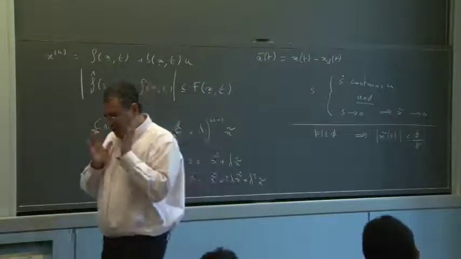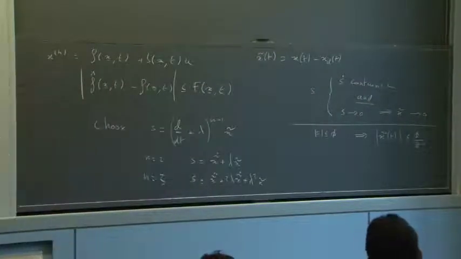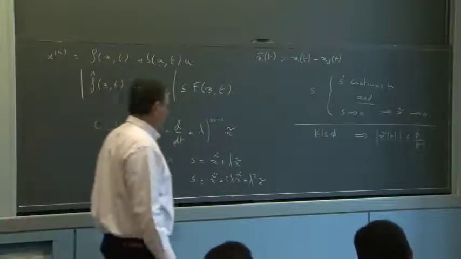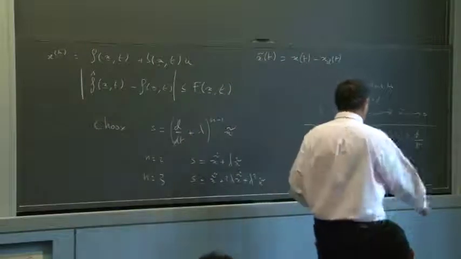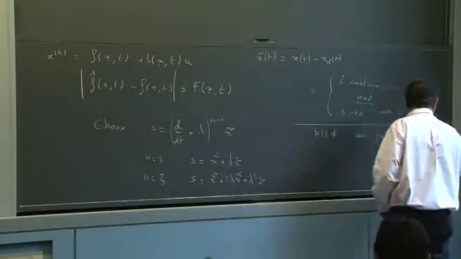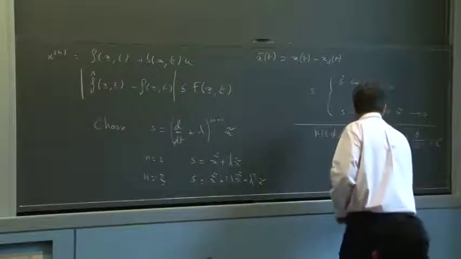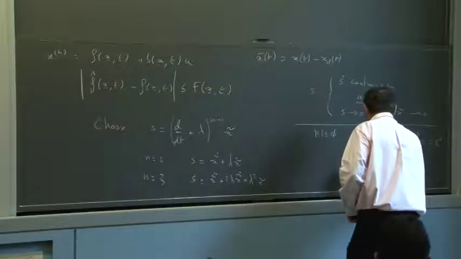So if we have a bound on S, then after transient we get a bound on x tilde, and therefore on the original tracking error. And for simplicity, we call this quantity epsilon.